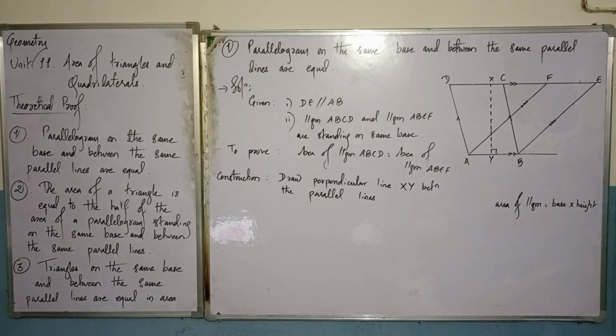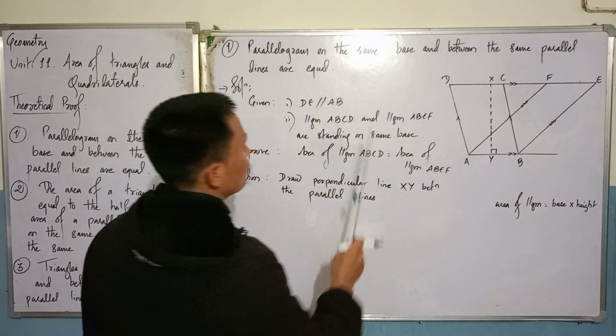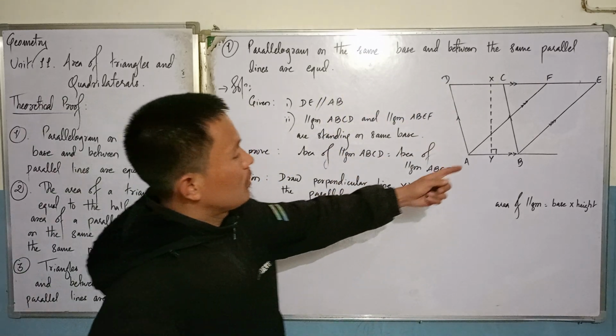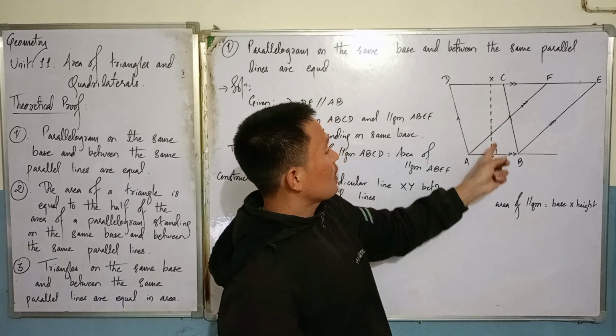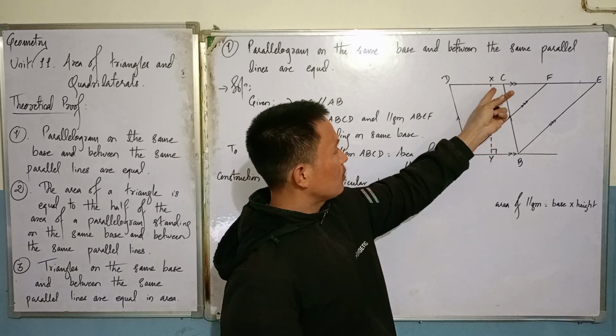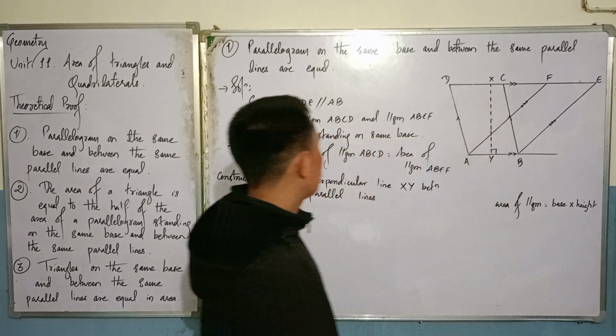Okay, so we have drawn the figure, then written the given, then written what to prove, and then the construction. In order to prove that parallelograms on the same base and between the same parallel lines are equal, I have constructed XY perpendicular, the height between these parallel lines.